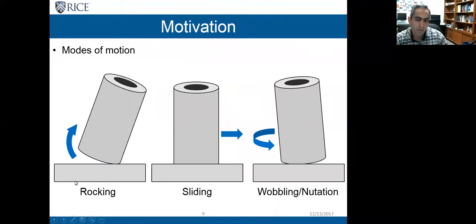Specifically, it might rock, which causes angles of rotation, or it might slide or wobble. By wobbling, I mean a motion in which the cask tilts slightly, and then it spins around its longitudinal axis. It causes a horizontal displacement for the structure. So the rocking causes angles of rotation, and sliding and wobbling cause horizontal displacements.